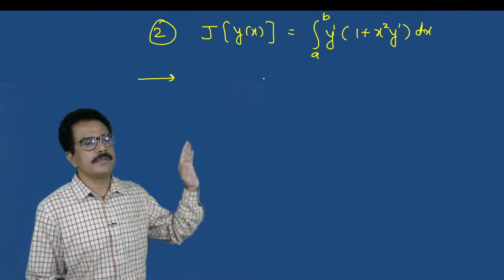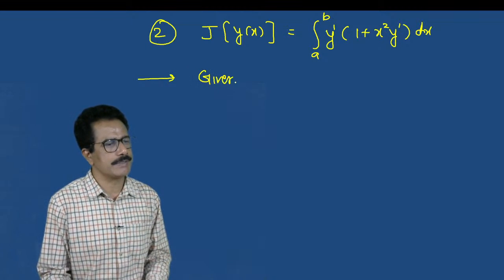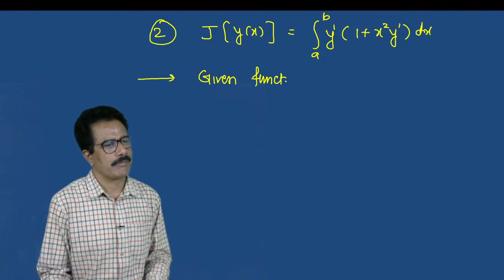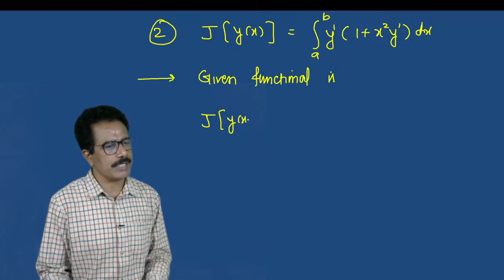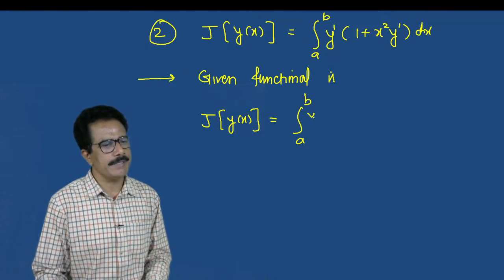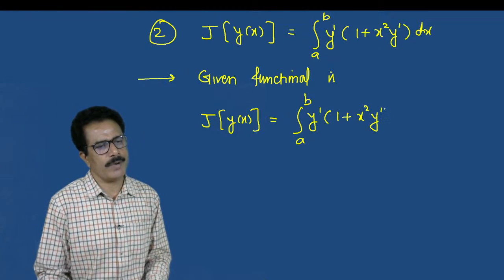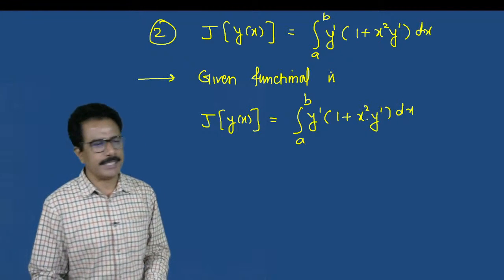Actually we have not been given the boundary condition here. Given functional is J of y of x equals integral from a to b of y dash into (1 plus x square into y dash) dx.